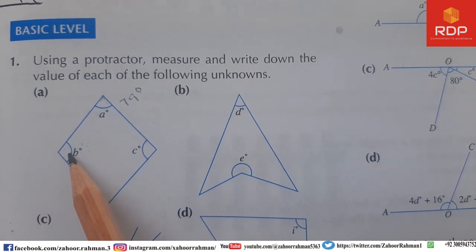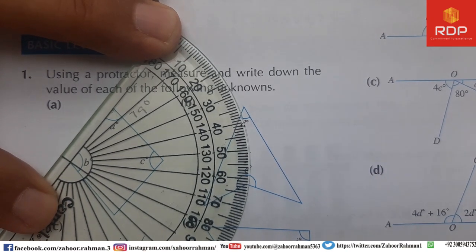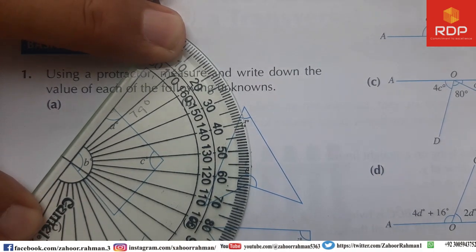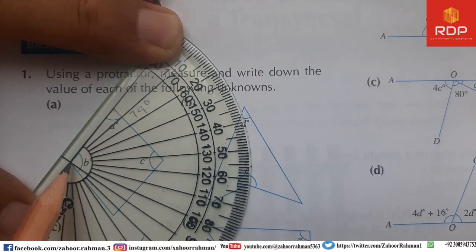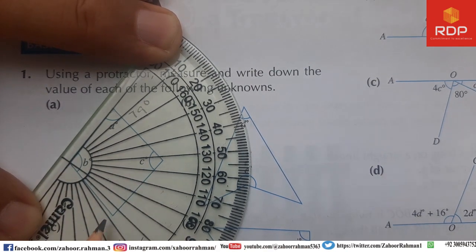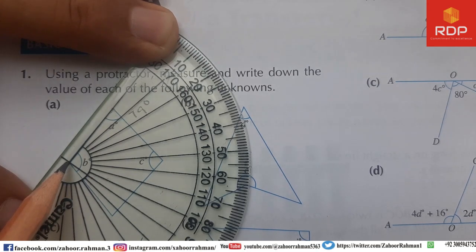Now we have to see this angle. Okay, ladies and gentlemen, if we want to measure the second angle, we put this line on the line like this, and the middle point is exactly at the origin.